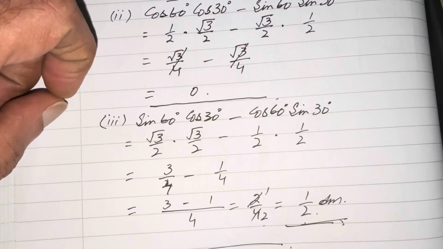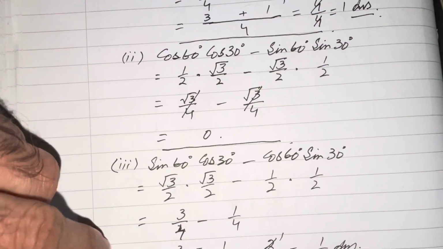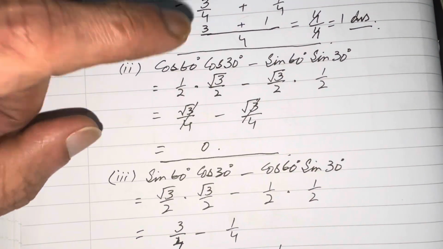These are the three examples that we have done. Let's take one more example to remember the values of the trigonometric ratios given for the angles 60 and 30.